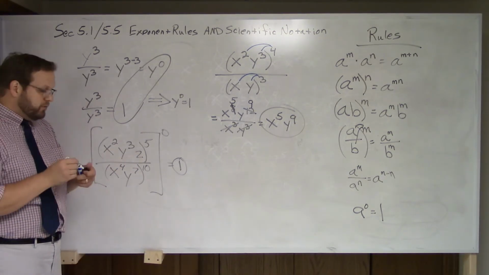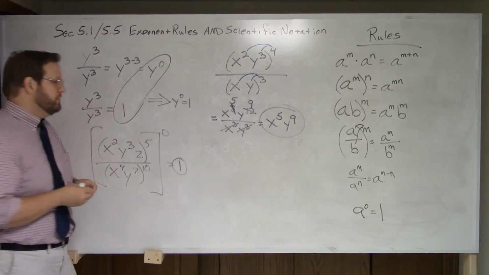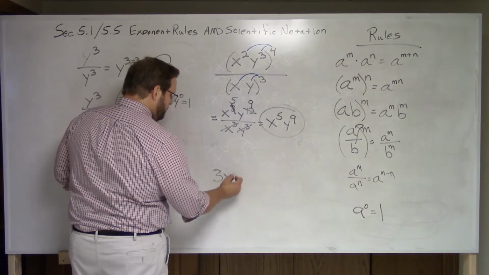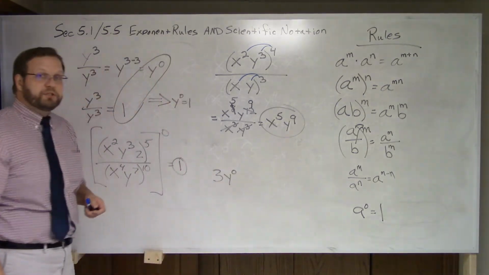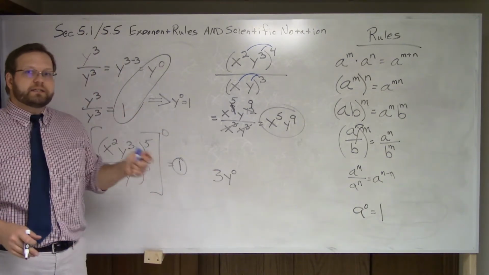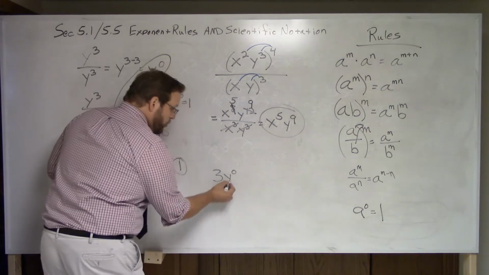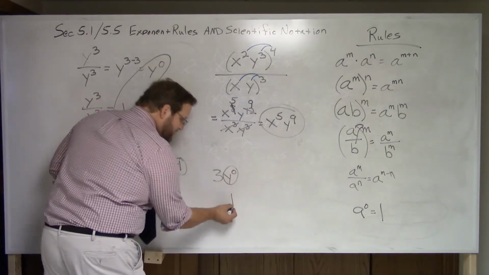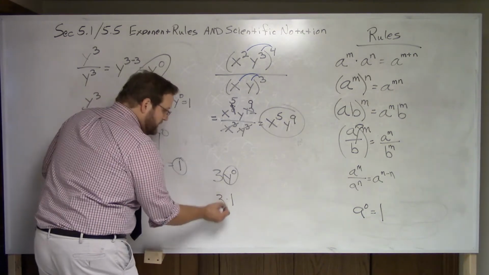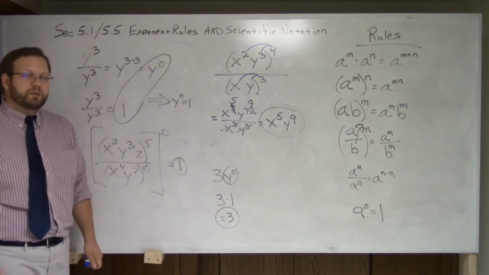Okay? Now, when you have to be careful is when there's multiple bases involved. What do I mean by that? Let's say I have that. A lot of people see that 0 and boom, they go to a 1. The problem with that is what's raised to the 0? Just a y. So when we're looking at this, y to the 0, yes, that's a 1, but we still have that 3. 3 times 1 is a 3, and there you go. So be careful with that 0.